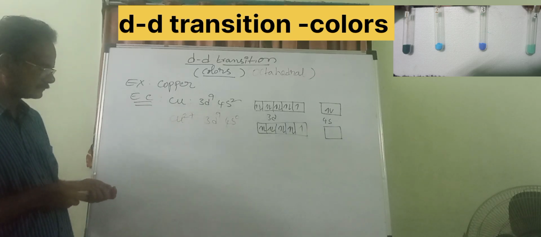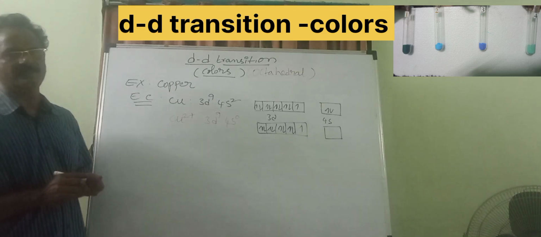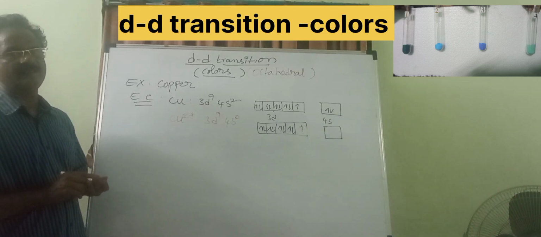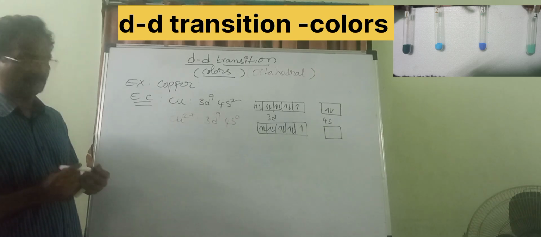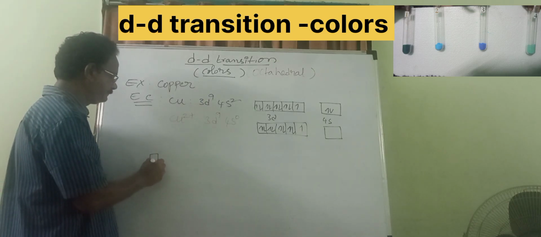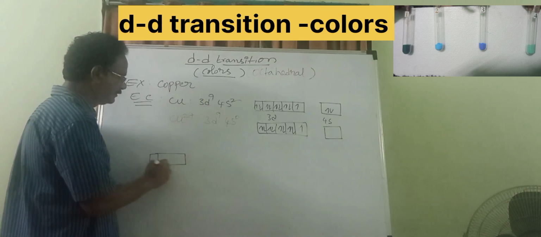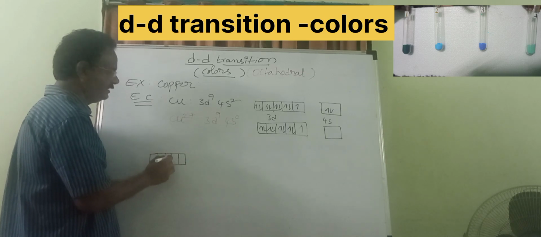Okay, see here what will happen in case of copper when it is in octahedral geometry. Cu2+ ion when it is in octahedral geometry. Okay, so as I told, there are 5 degenerate orbitals in absence of field.